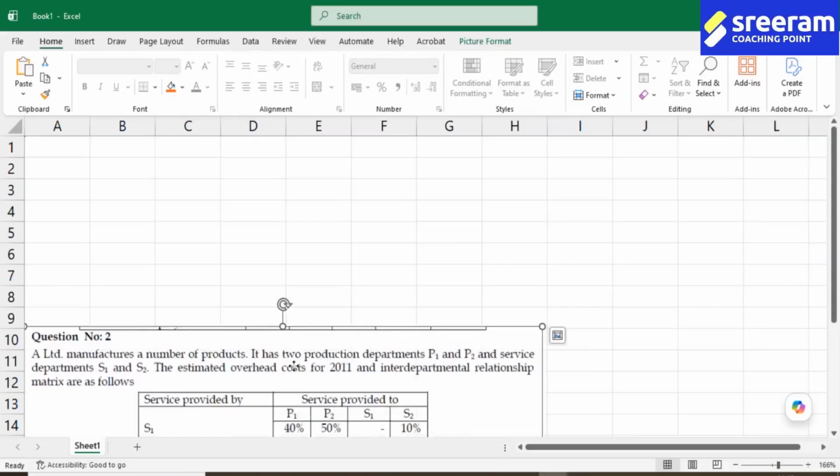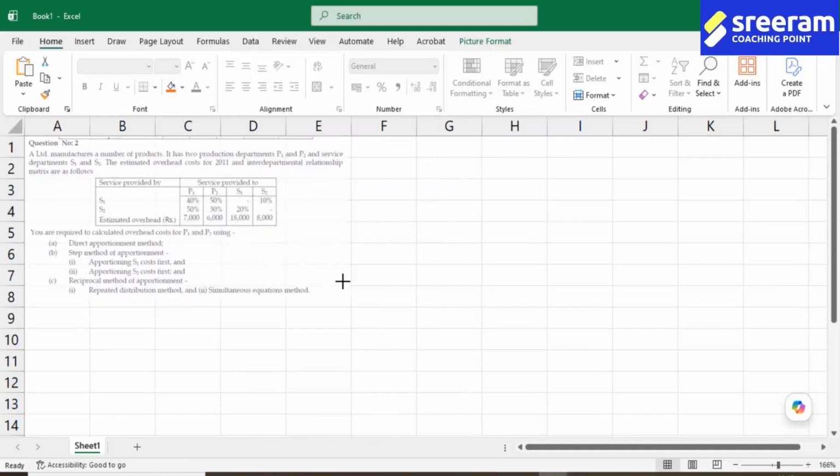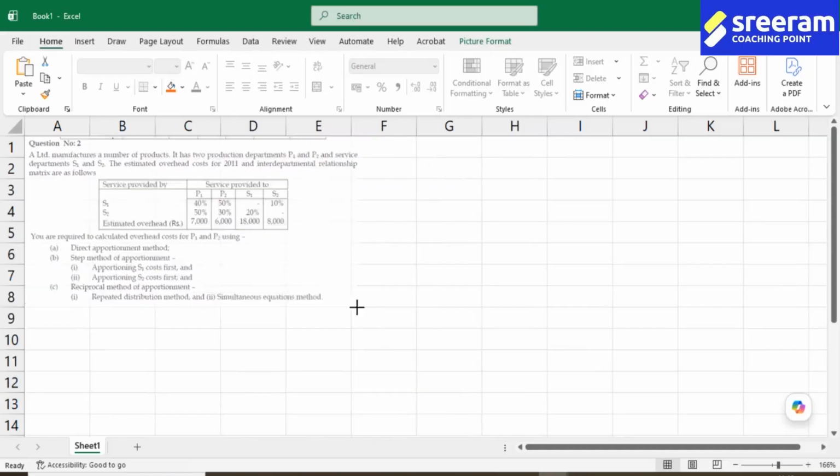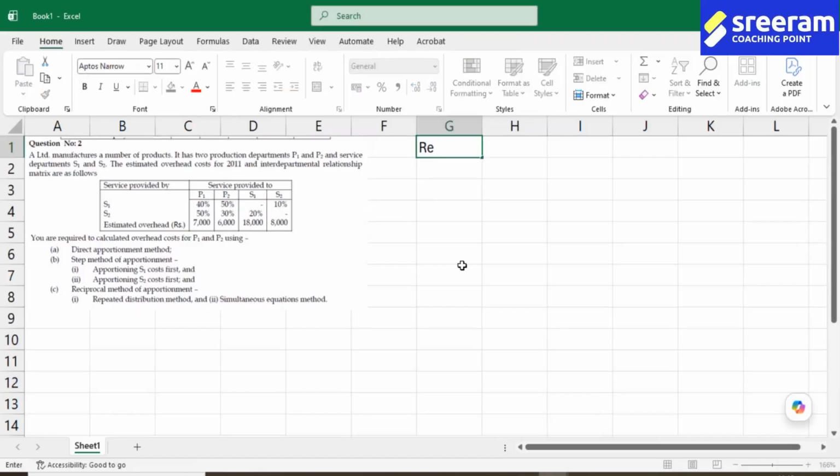Just for the sake of reference, I would like to keep it. Otherwise, absolutely there is no need to have it done. Okay. Now we will take up the repeated distribution method. Correct?